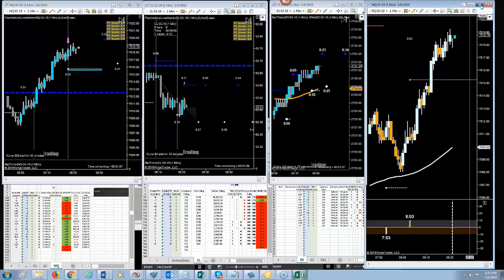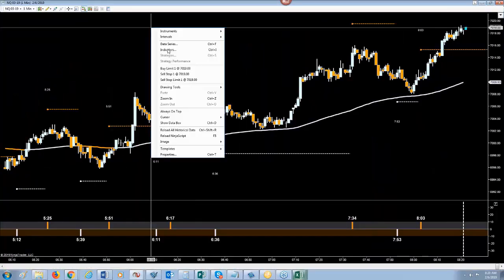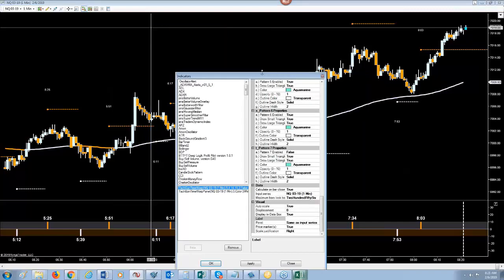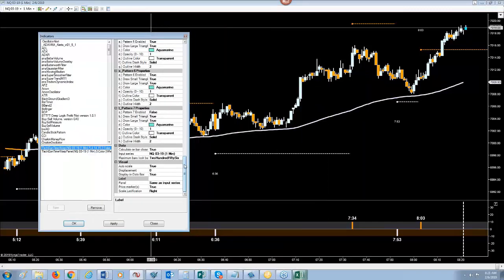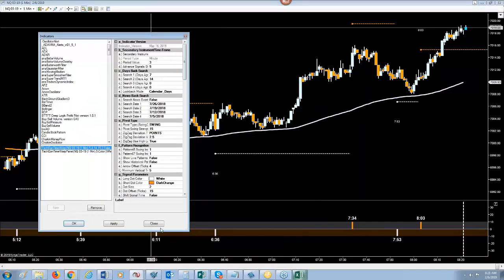On the NQ chart on the right, we do have a 15 pivot swing strength, which gives us access to bigger movements. And you'll see here it's a standard 714 calendar day look back with a 15 for the pivot swing strength parameter.